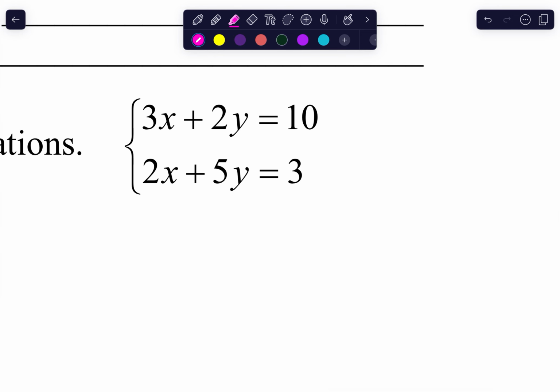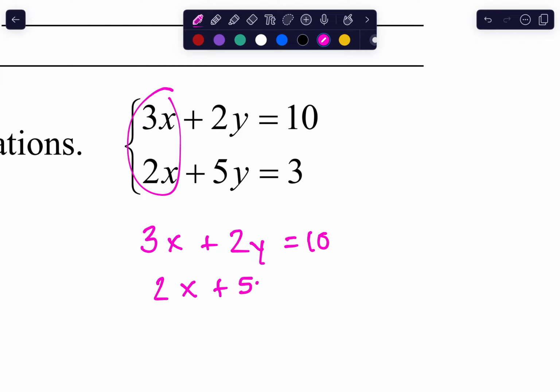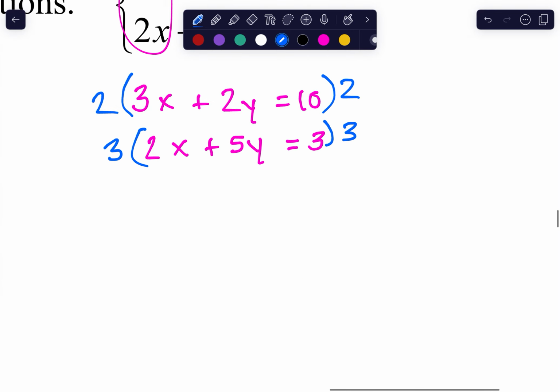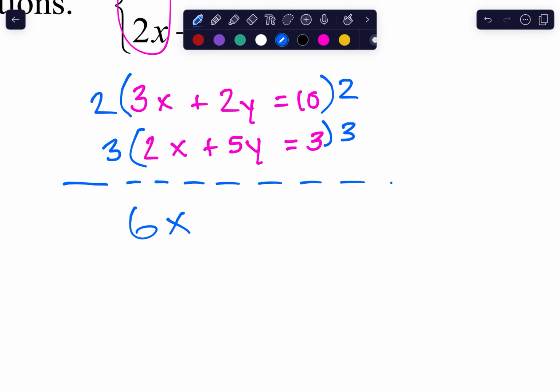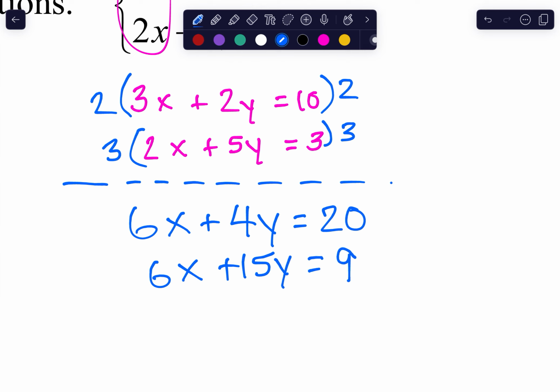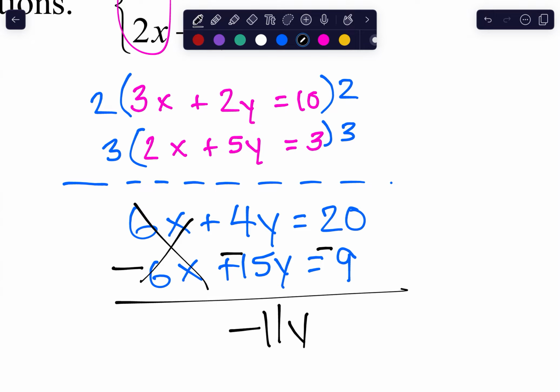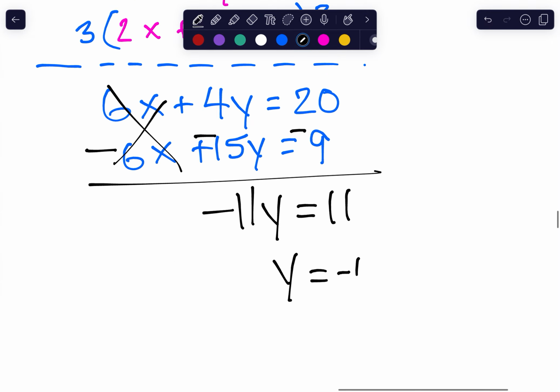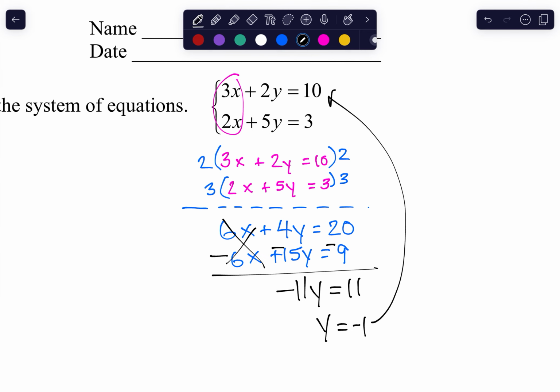So you guys pause the video, try it on your own, then come back. Actually, I'll plug it into the bottom one this time.